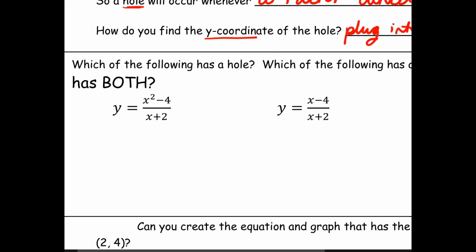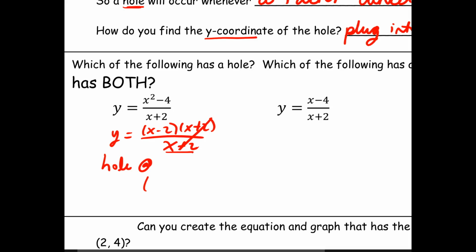Keenan. It's a hole. Awesome. You did that because you factored the top and the bottom, and you noticed that something canceled. Did you find where the hole was located? So it would be at -2 and plug it into the reduced form.